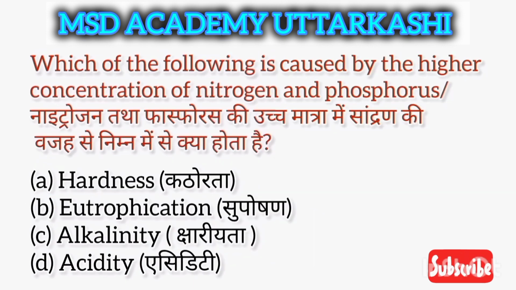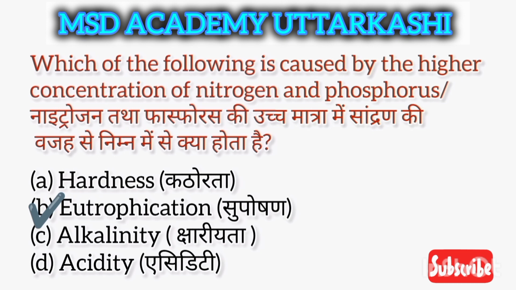Which of the following is caused by the higher concentration of nitrogen and phosphorus? Option A hardness, option B eutrophication, option C alkalinity, option D acidity. So the correct answer is option B eutrophication.